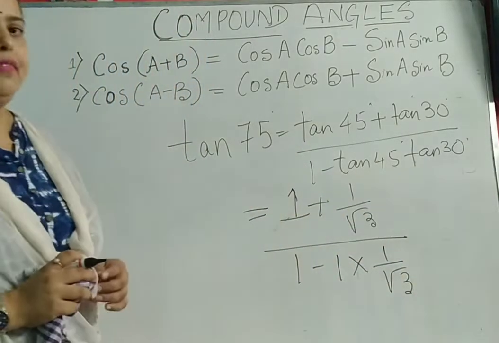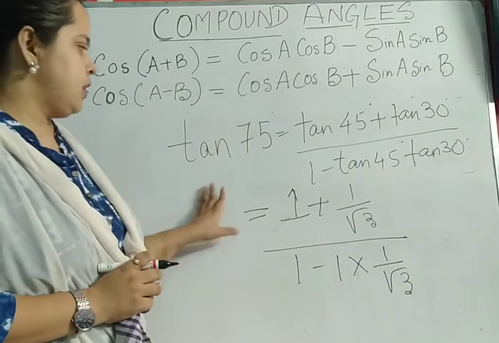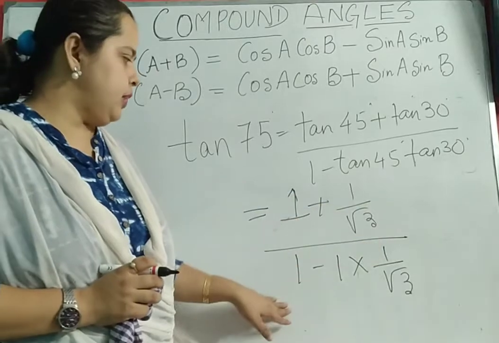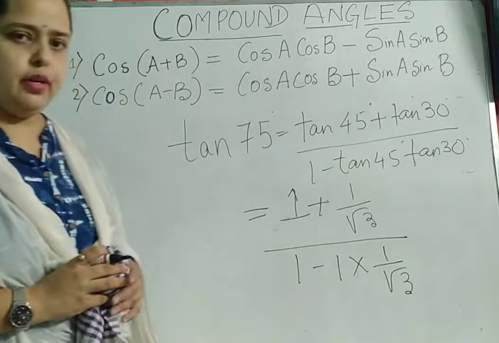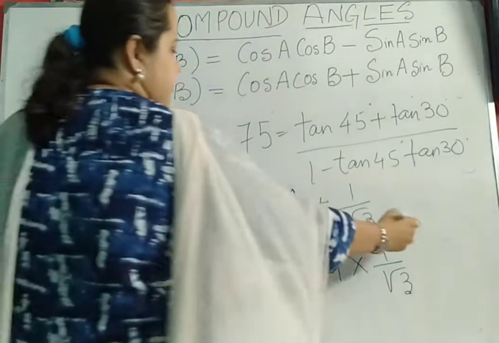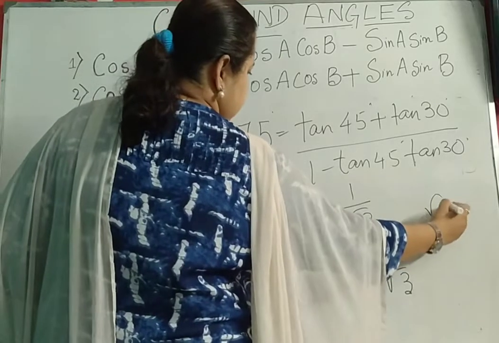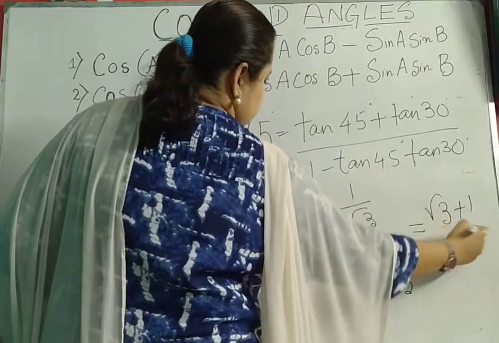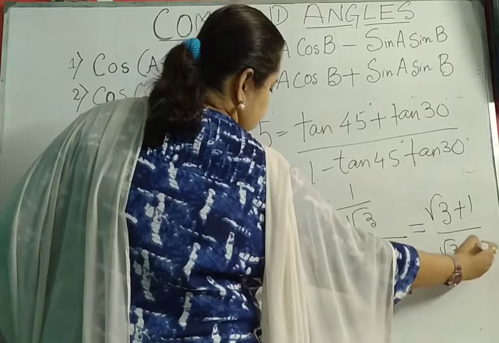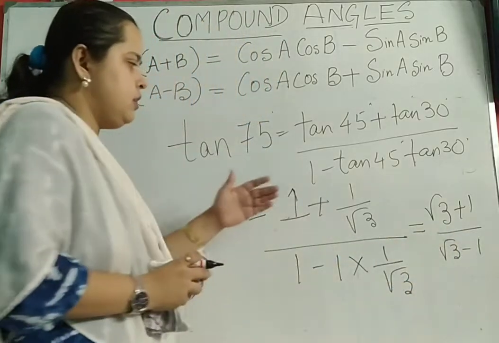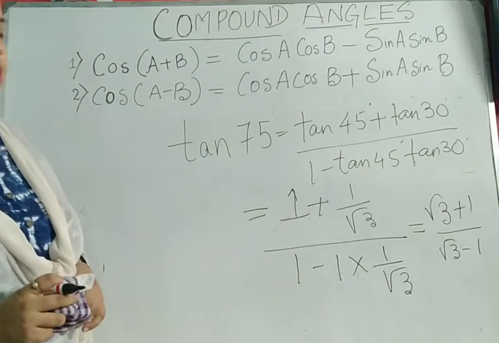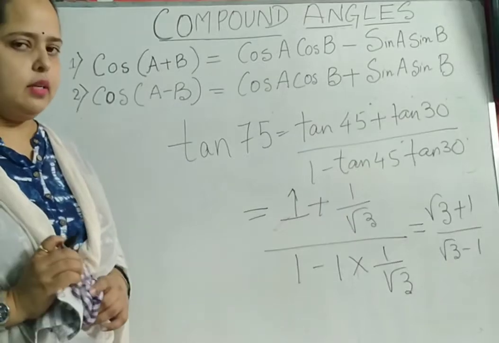So you can see I have substituted the values. 1 plus 1 by root 3, 1 minus 1 by root 3. And the answer for this is coming, the denominator root 3 and root 3 is cancelling out, isn't it?